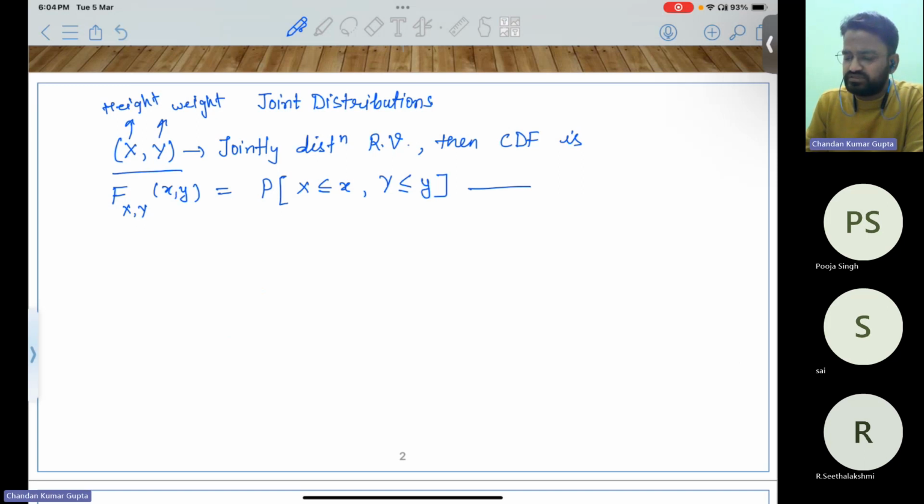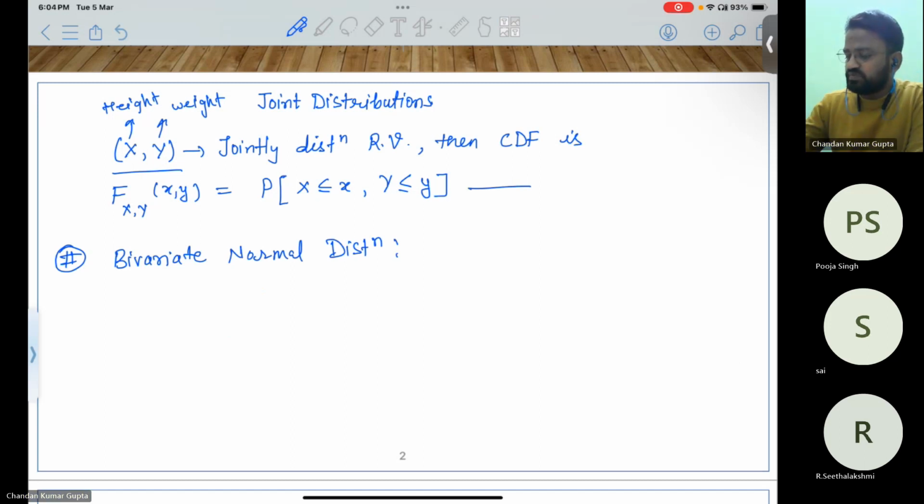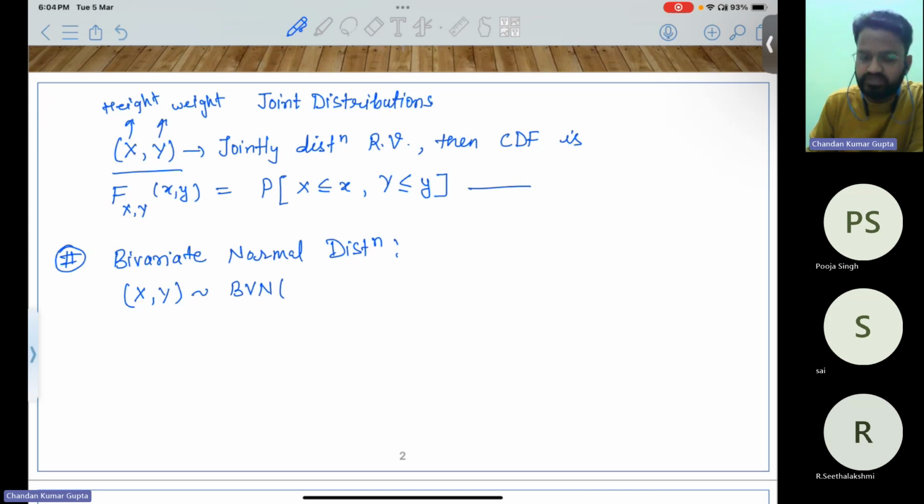Then it is jointly distributed, and the CDF is written like this. There are different kinds of joint distribution, as already said, but we will mainly concentrate on the bivariate normal distribution. Suppose (x, y) follows a bivariate normal distribution with parameters mu1, mu2, sigma 1 square, sigma 2 square, and rho.